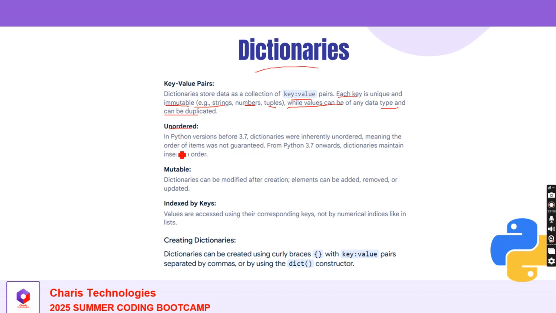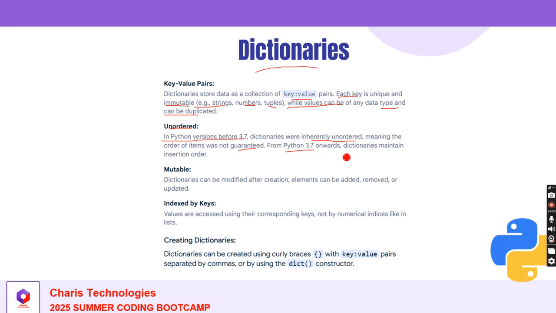Now dictionaries are unordered, unlike lists. Lists are ordered. In Python versions before 3.7, dictionaries were inherently unordered, meaning that the order of items was not guaranteed.